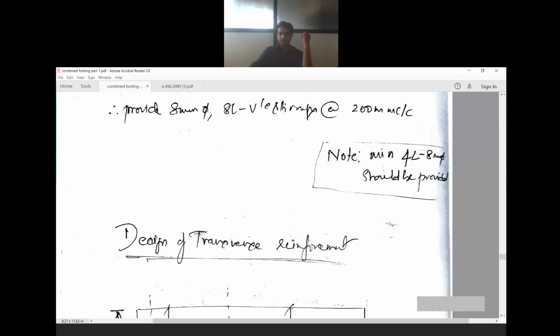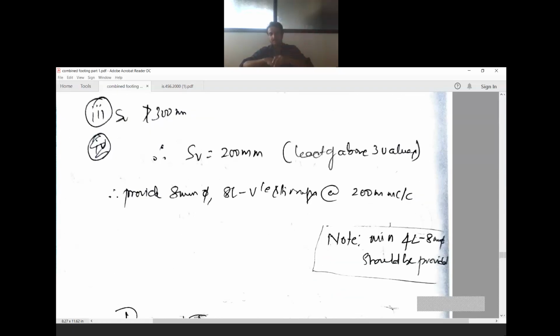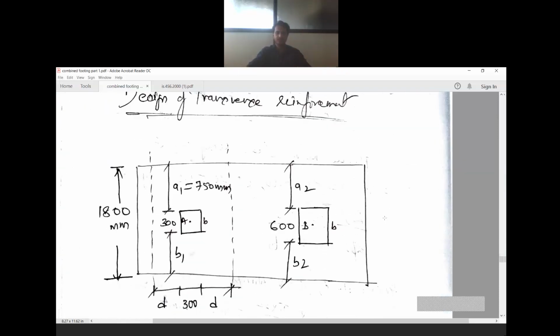So this is the end of the longitudinal reinforcement. Next we shall consider the transverse reinforcement. Transverse reinforcement means we have to provide the steel in this direction.